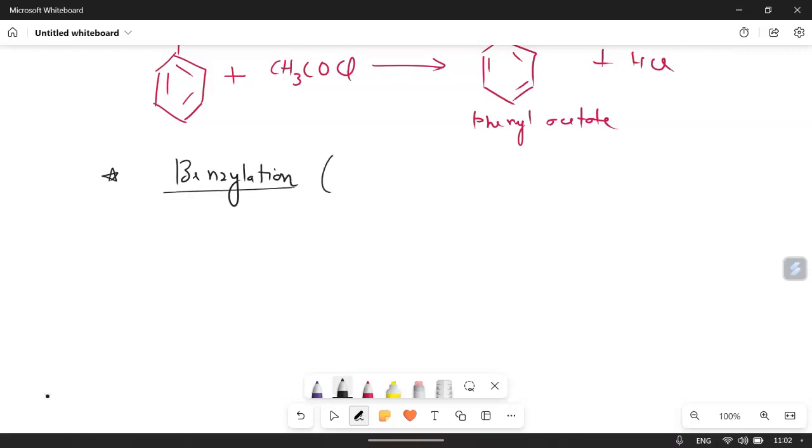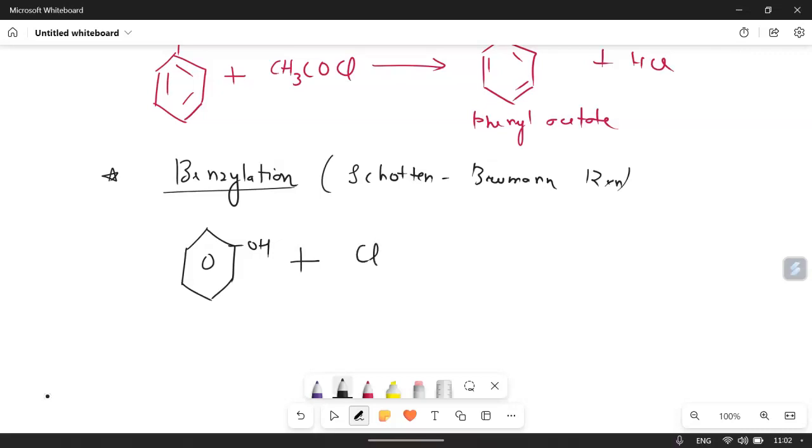In the case of benzoylation, it is also known as Schotten-Baumann reaction. And the reaction goes like that. A phenol is treated with C6H5COCl, in the presence of either KOH or NaOH, and it will form phenyl benzoate.